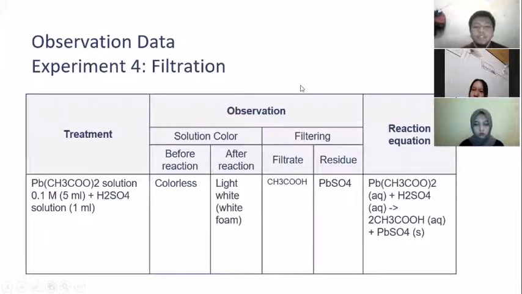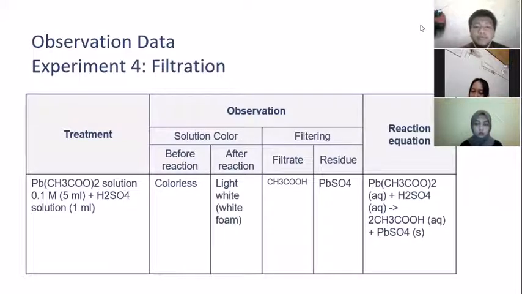Experiment for filtration. Lead acetate solution 0.1 molar 5 milliliter plus sulfuric acid solution 1 milliliter. The solution color before reaction is colorless. After reaction it is white, like white foam.